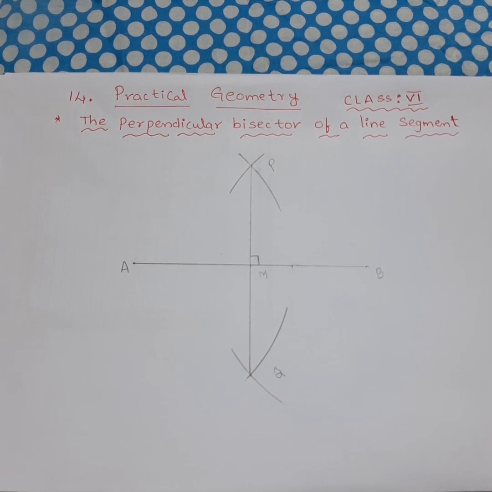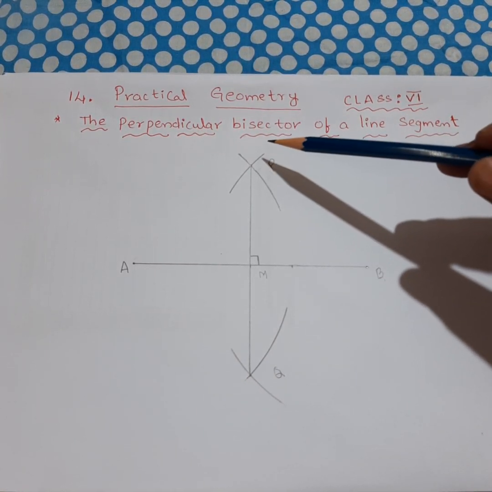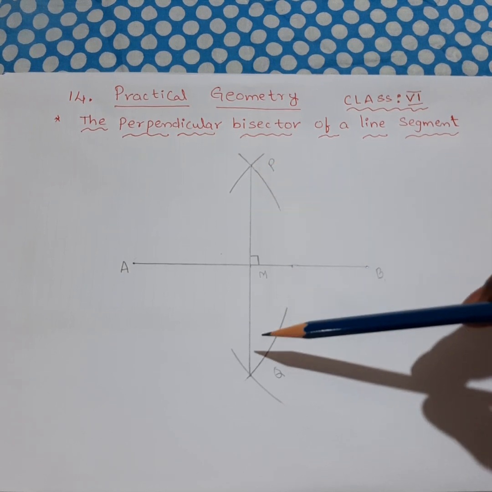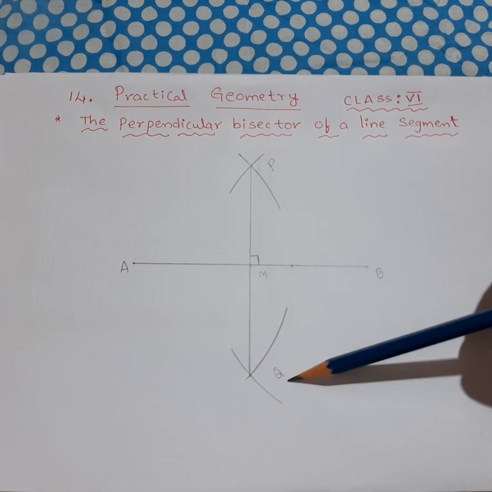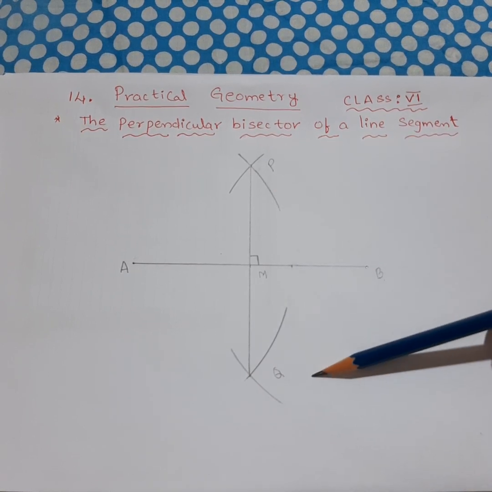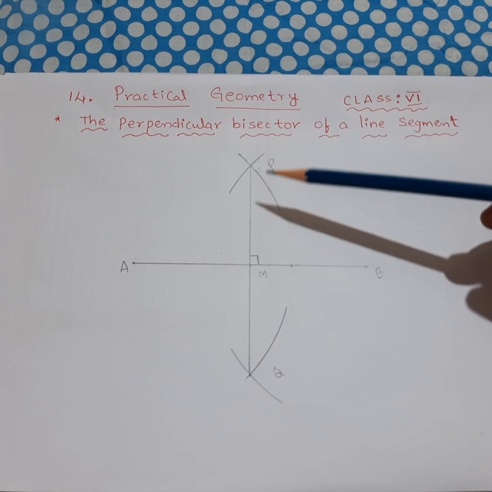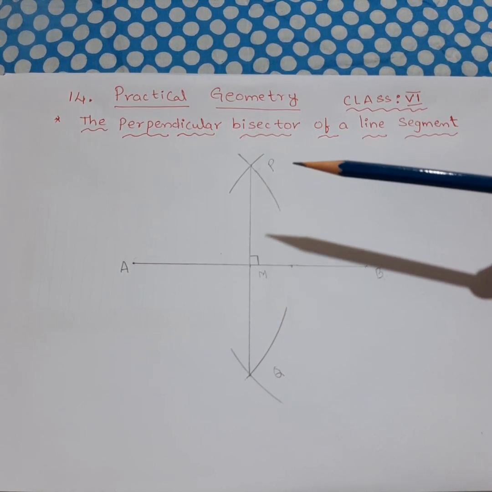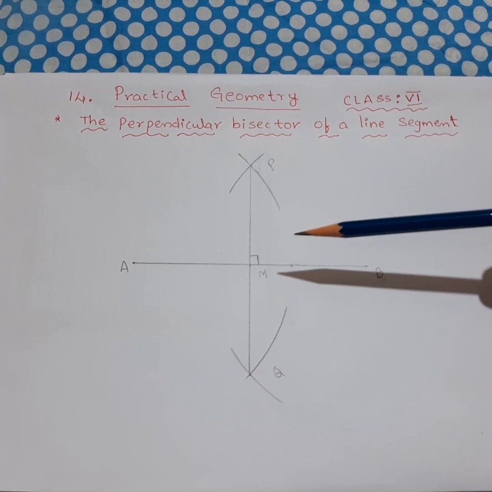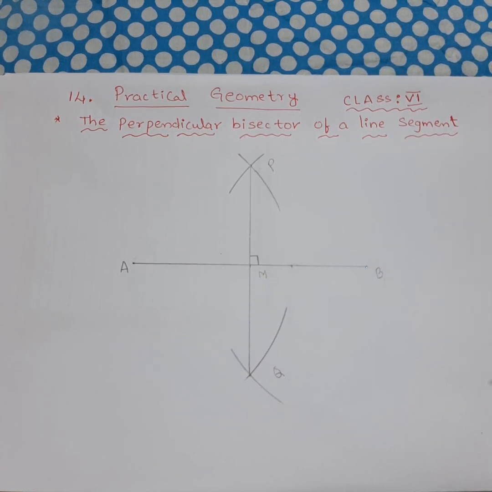With the same radius, take center as B, then cut those arcs above and below the line segment. Then 2 points will occur, that is P and Q. Join PQ. So PQ is the required perpendicular bisector of line segment AB. Is this clear, children? Right. Please do it now.